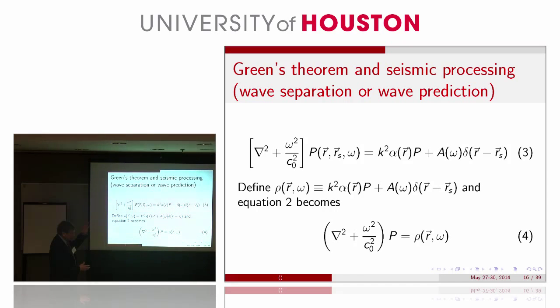There is a world which is homogeneous, and superimposed on it are sources: this is the energy source that creates the wave, and this is the source that makes, at certain points in the medium, the velocity different than C0.